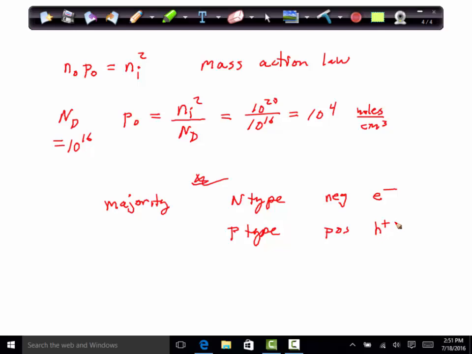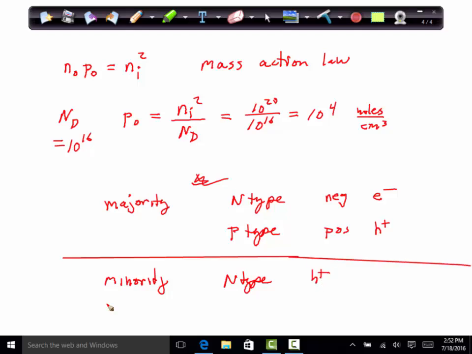And as you can probably guess, the other term, the minority carrier, is the other one. So the minority carriers in N-type are the holes, and in P-type, those are the electrons.